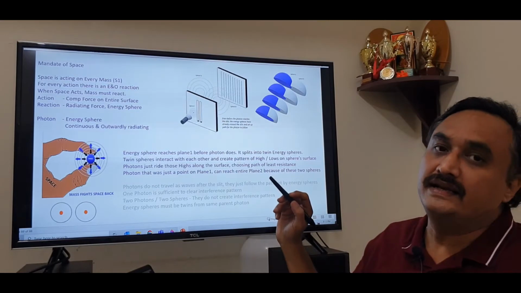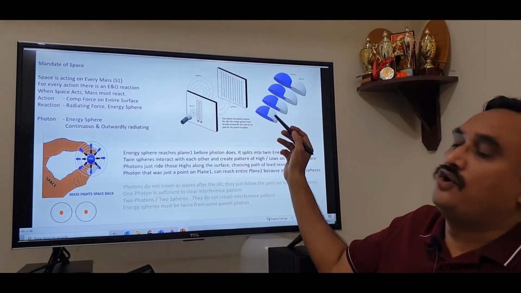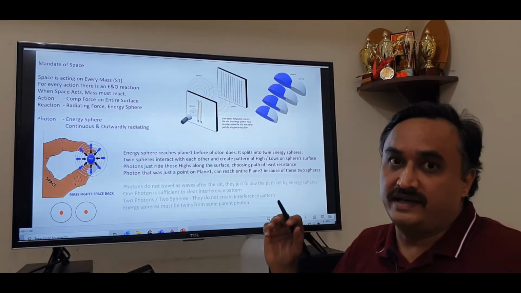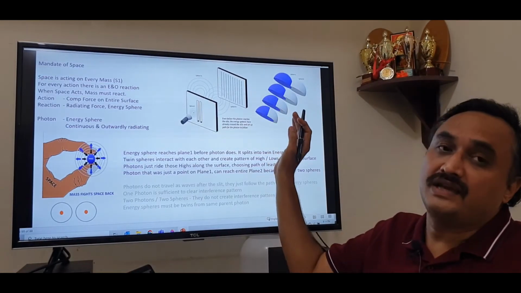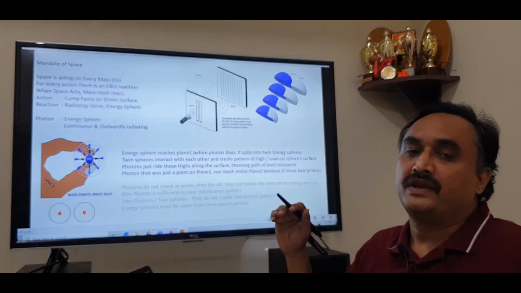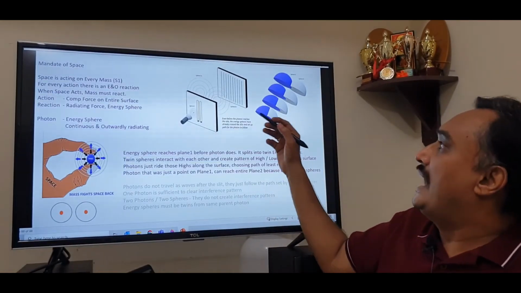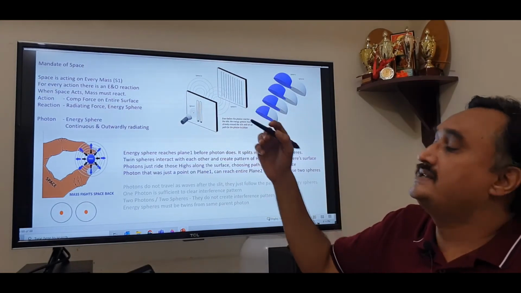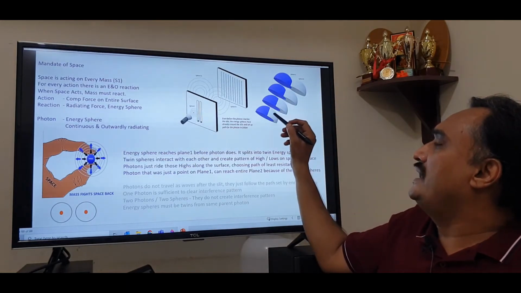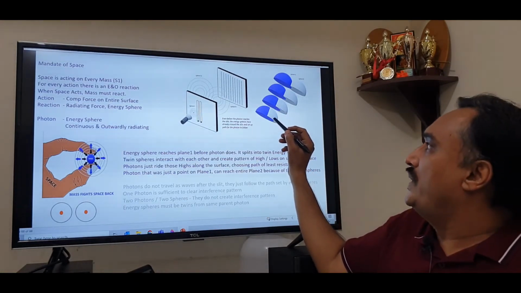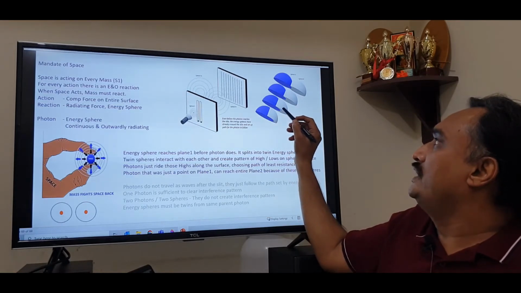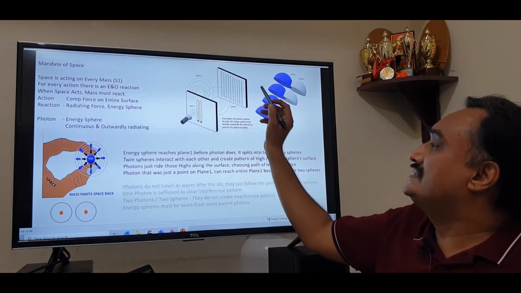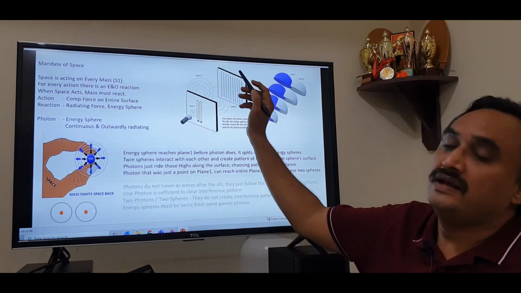When it crosses the slit, it has a choice of many paths that these two twin spheres have created for the parent photon to choose from, and it follows the path of least resistance. It rides all the highs, and there are many highs and lows, and it is not necessary that it should go straight. Wherever the interference pattern takes it, it goes and falls on plane 2. This is the reason why it is able to paint the whole surface.